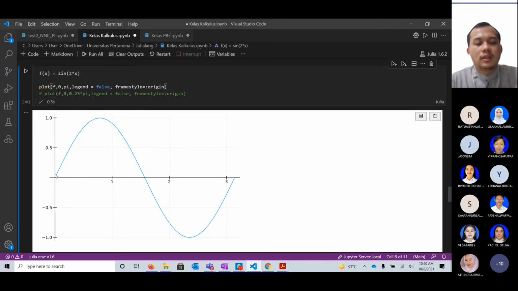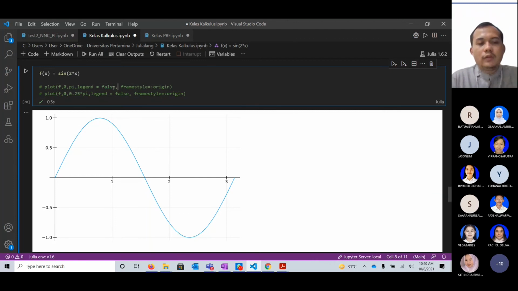They are 0, 0, and 0. So in this case, we have the same value f of x, but different x. In this case, this function is not a one-to-one.